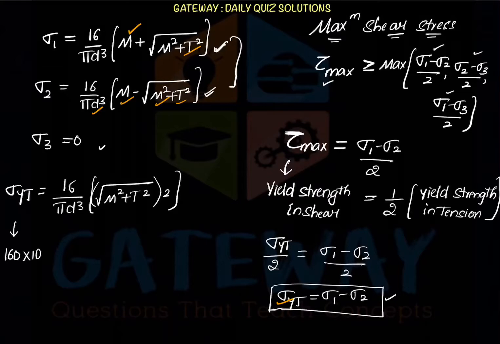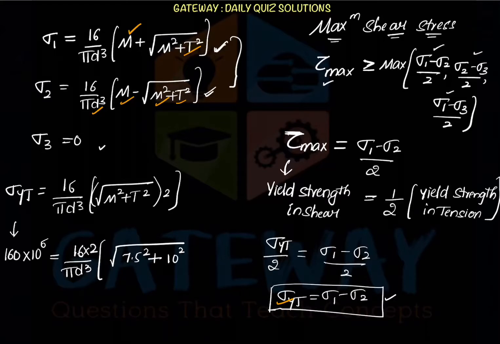So you multiply by mega, converting that into 10 power 6 Newton per meter square. 16 by pi d cube, 16 into 2, getting the 2 outside, under root of M square plus T square. The value of M given in the question is 7.5, so 7.5 square plus, and the value of T given in the question is 10 square.